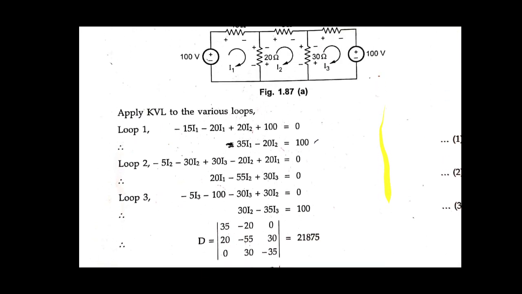Now we are going to calculate the subdeterminants D2 and D3. For a subdeterminant, we have to replace the respective column of delta by the column of constants on the right hand side of the equations.